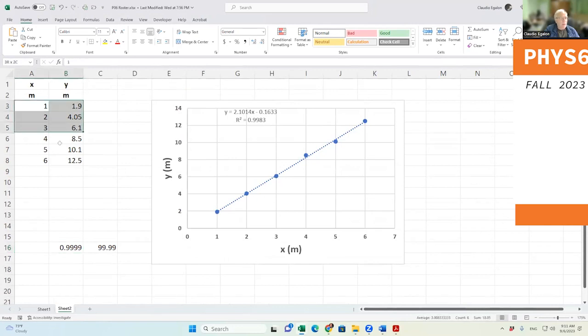We have 6 data points. Do you remember this example that we were doing last time, right? As the R squared decreases, you're going to see a graph with data points further and further away from this average line, right?